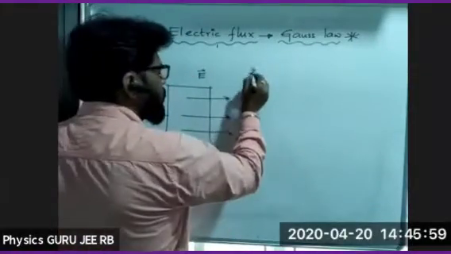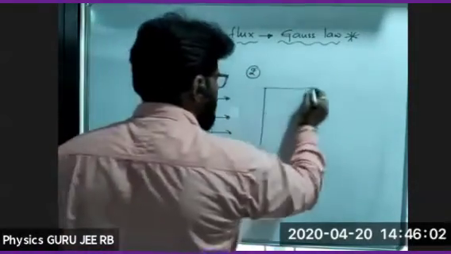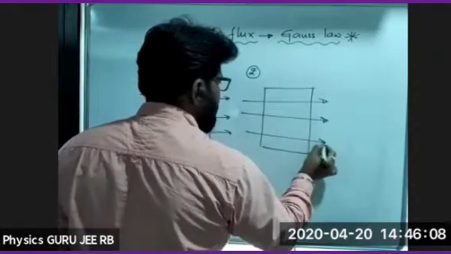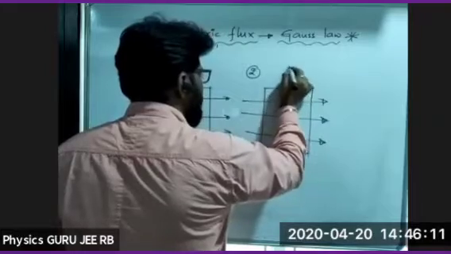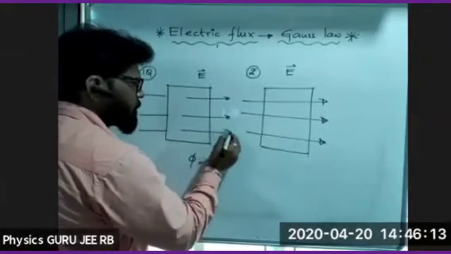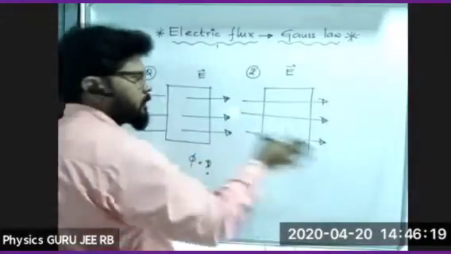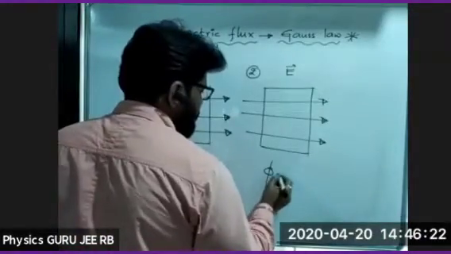Number 1. Number 2, you can see the difference. This is the direction of the electric field intensity. Entering and leaving, it's going like this. What is the flux?